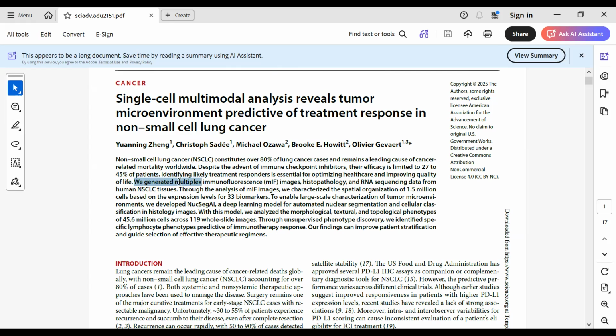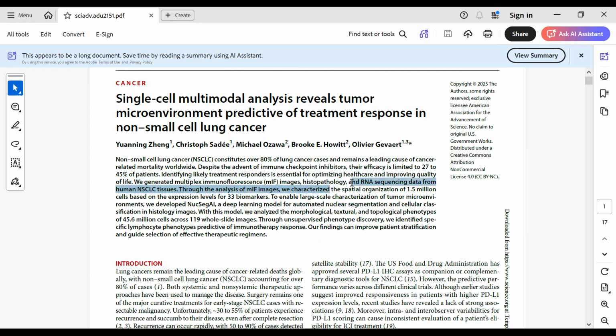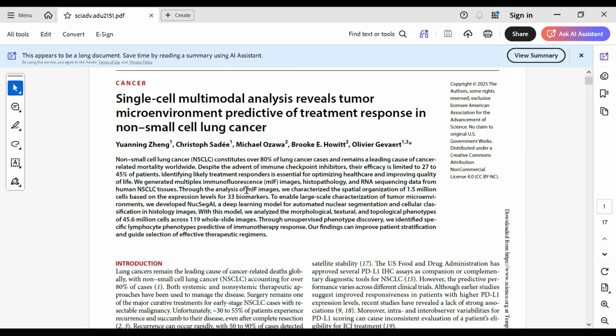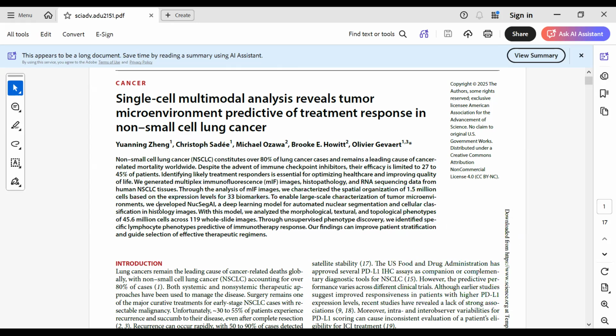So therefore, what they have done is they have generated multiplex immunofluorescence images, and the histopathology and RNA-seq data from human non-small cell lung cancer tissue. And through the analysis of these multiplex immunofluorescence images, they have characterized the spatial organization, like in the same tissue, how around 1.5 million cells are organized based on the expression level of 33 different markers.